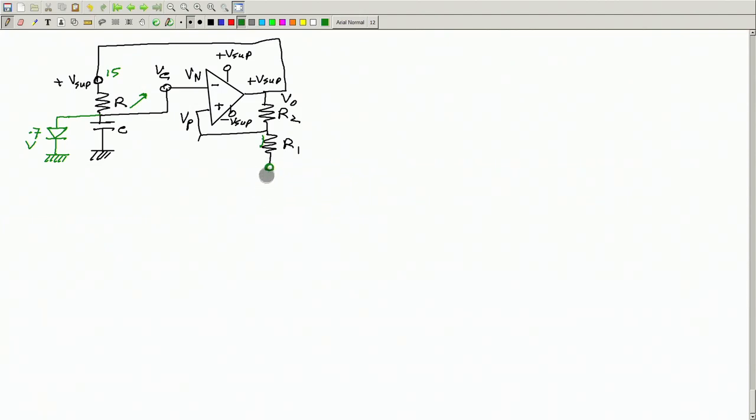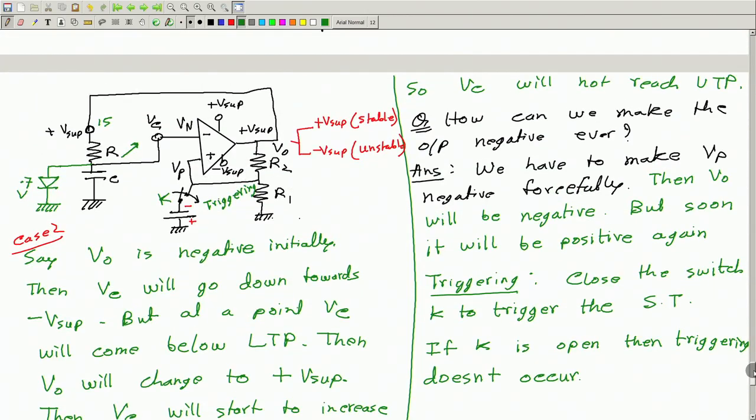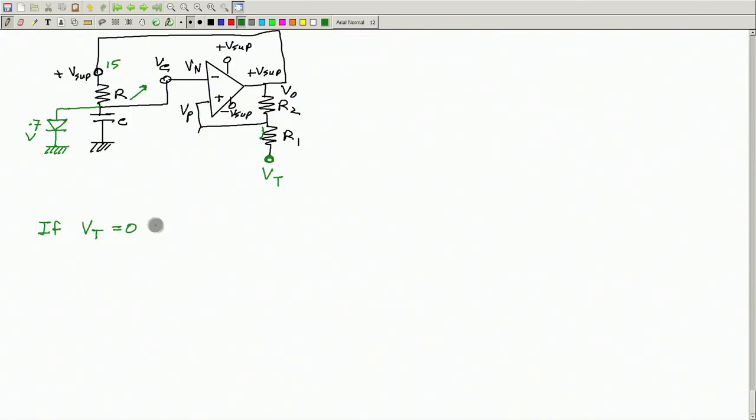Okay, say call this V T. Okay, and V T can be positive, negative, 0, anything. So now, if V T is equal to 0, then this is like grounded. This is the normal circuit that we had here. Okay, so V T is ground equal to 0. So this is the normal, I mean usual state, usual condition.